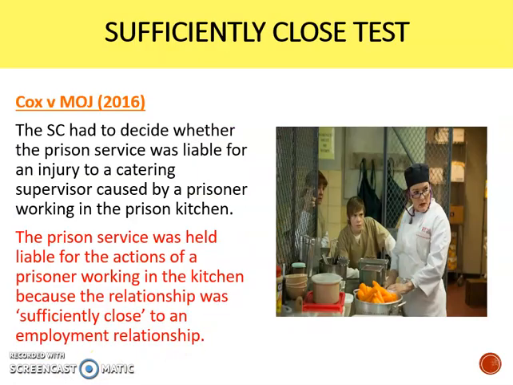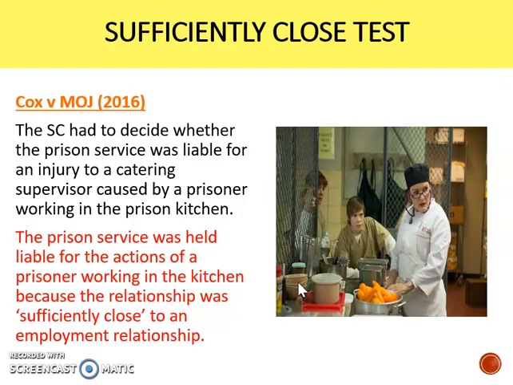Now, this is really the most modern test, the sufficiently close test. And you can see this is pretty recent, Cox and the Ministry of Justice. This was a Supreme Court decision, so it's very important. And they said that a prison service was vicariously liable for an injury caused to a supervisor when a prisoner who was working in the prison kitchen stabbed them.